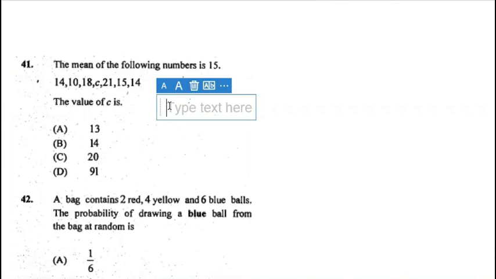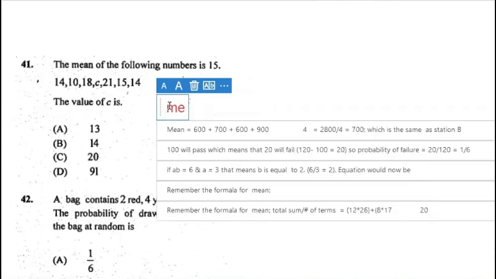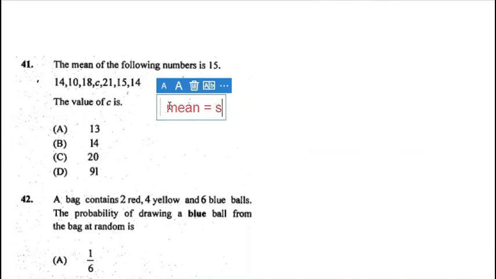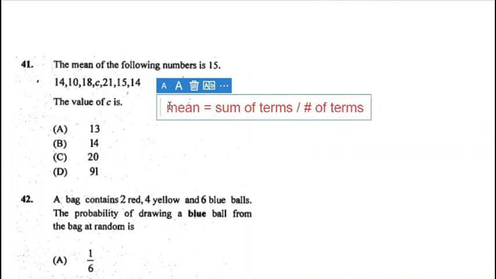So remember, average or mean is equal to the sum of the terms divided by the number of terms. So therefore, the mean that they gave us, 15, is equal to the sum of the terms.